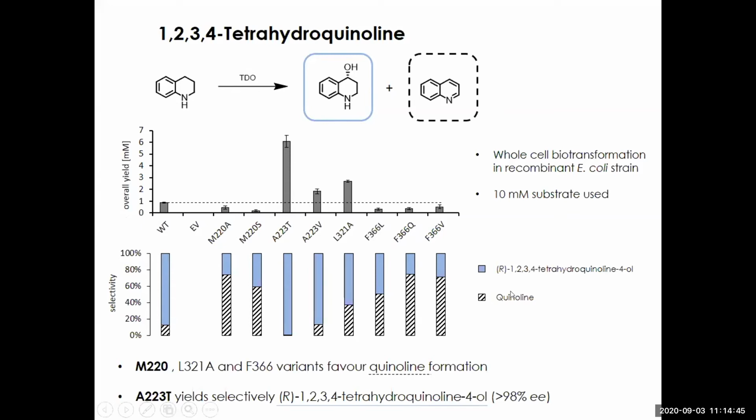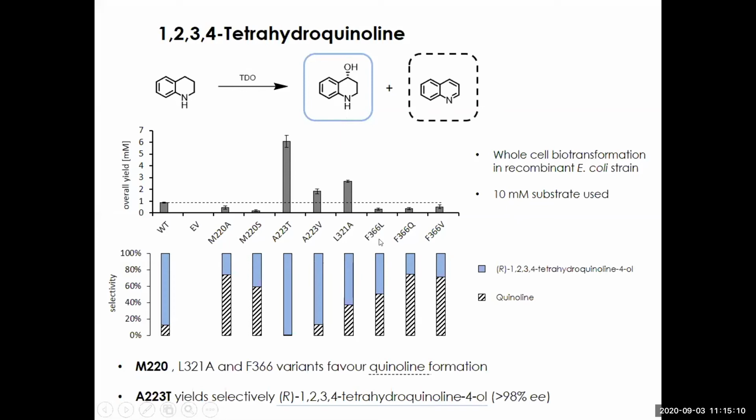And again, you can see the positions M220 and A223 pop up, which are, in this case, A223, not only more active by 7 times for the interesting alcohol, but also more selective. That's quite interesting. And in addition, for the position M220, the selectivity could be switched in favor of the quinoline.